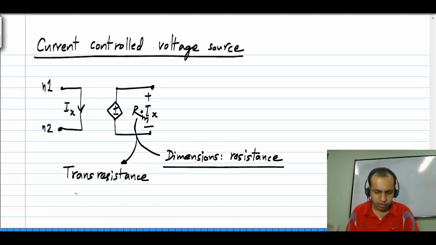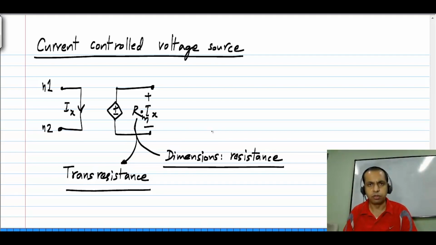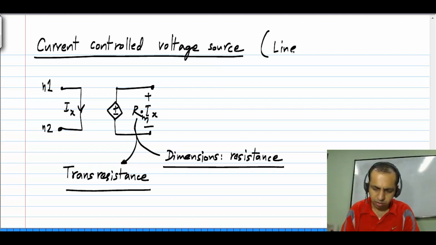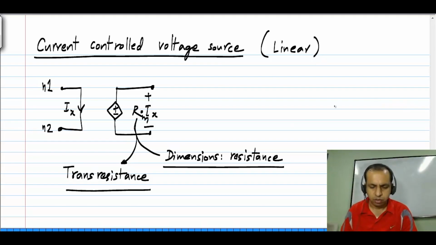And it's called the transresistance of the current controlled voltage source. Again, the relationship Rm times Ix tells you that it is linear, so I won't go through that.